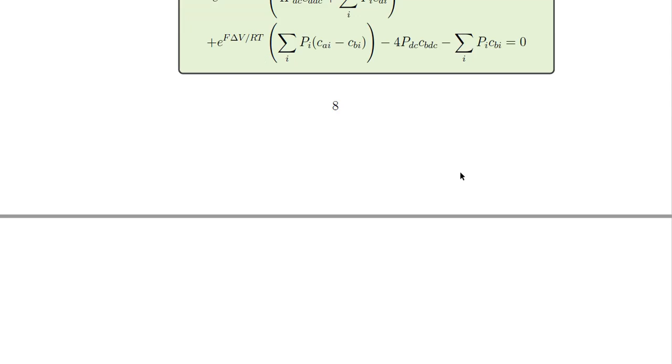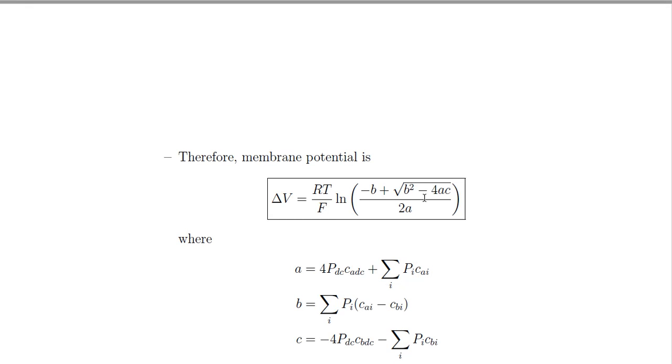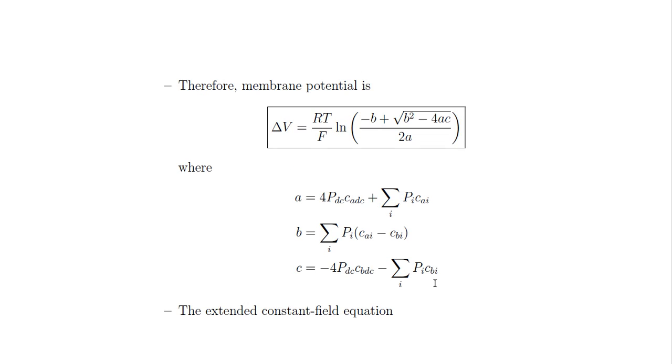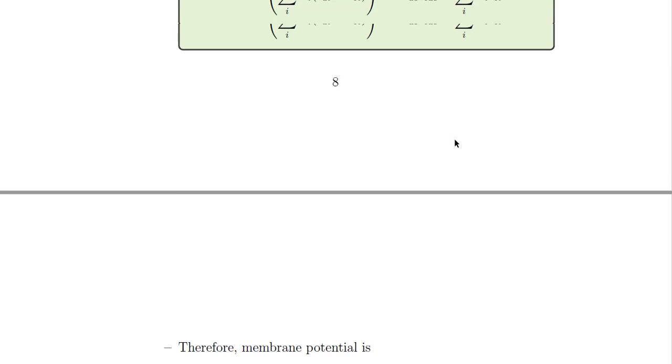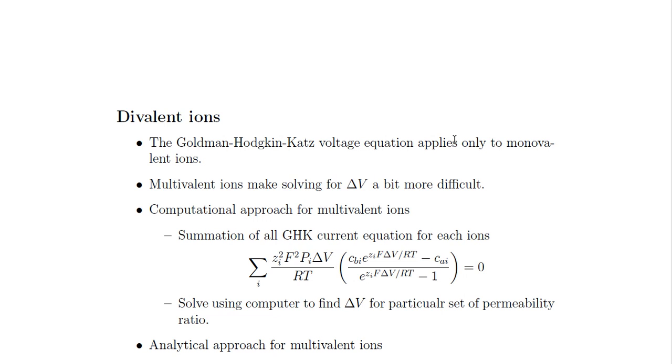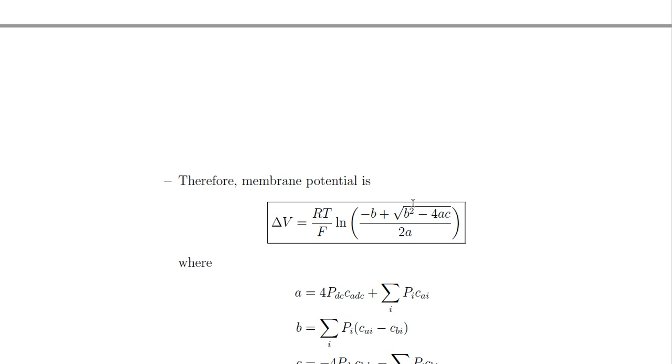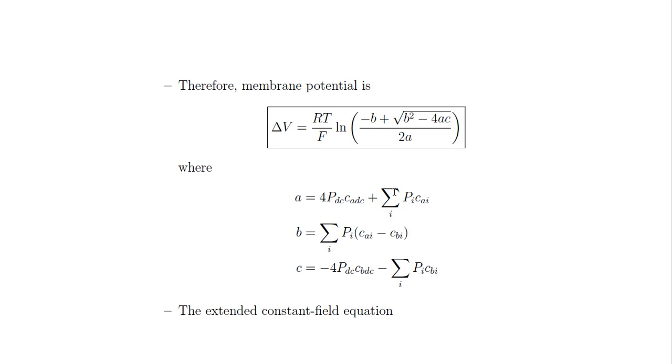So we can have delta V equal to this equation, where A equals this one, B equals this one, and C equals this one. So we can get the membrane potential for a multivalent or divalent ion, just by putting in the divalent ion concentration in compartment A or compartment B.